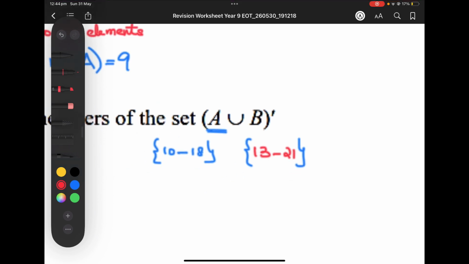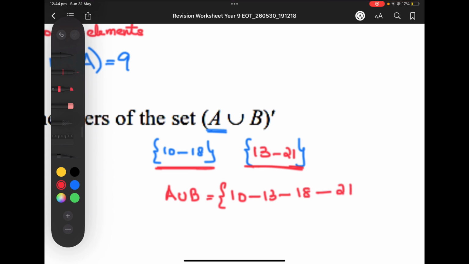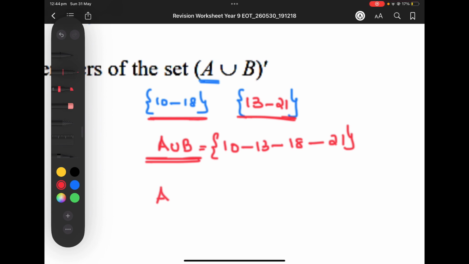Now, union: this is the set A, this is the set B. Then he's saying A union B. That means all the terms you're supposed to take. So from 10 to 13, then 13 to 18, 18 to 21, all of them will be there. This is the A union B. Then he's saying A union B complement.